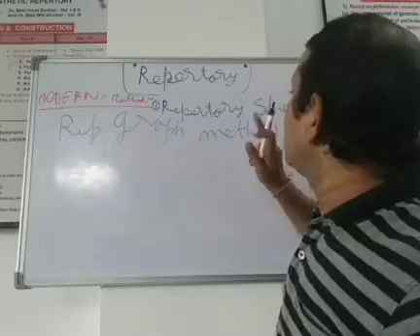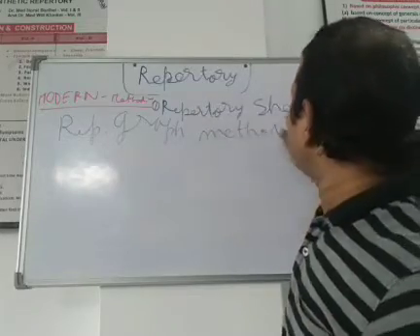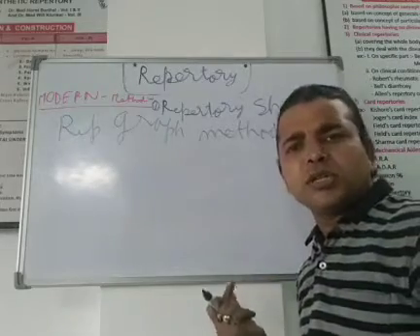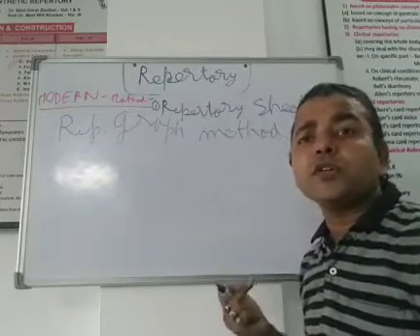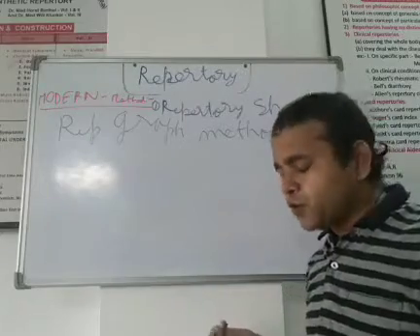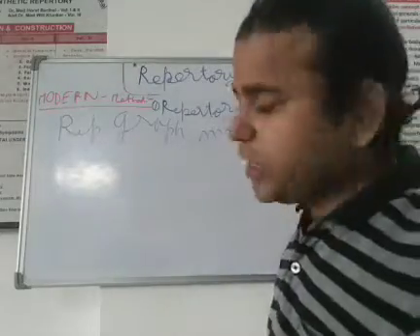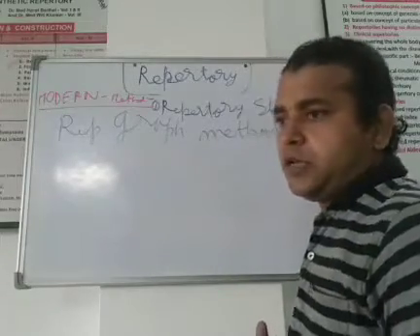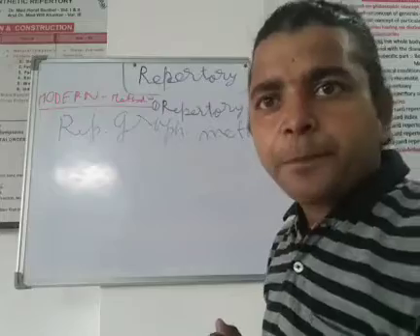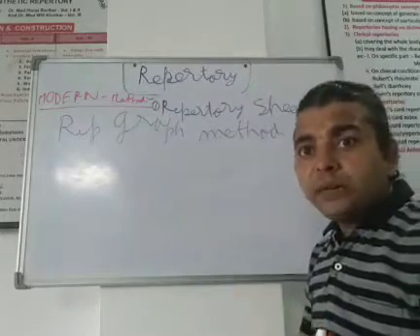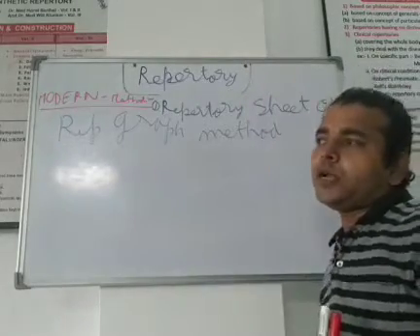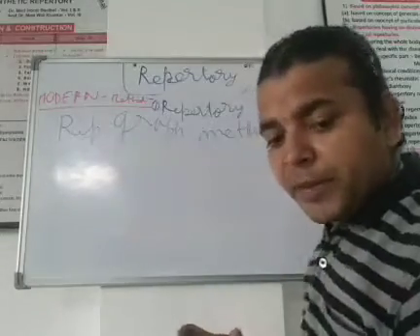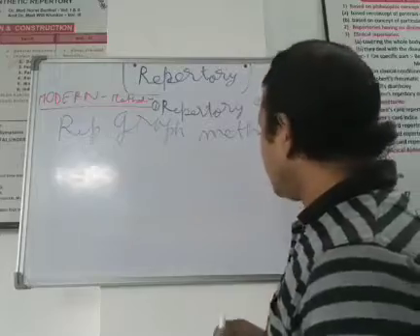What are its names? Repertory sheet or repertory graph. Why are these terms used for this method? Because we are using a graph which is already prepared to save your time, to minimize error, and to save time compared to making a record by manual method.